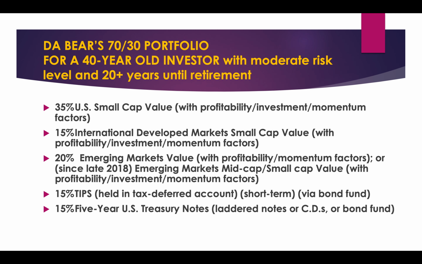I'm going to put 35% in small cap value, 15% in international developed markets small cap value, so Europe, Japan, Australia, New Zealand, 20% in emerging markets value, and actually since 2018 there's now a Dimensional mid-cap, small-cap value fund, but we don't have data on it going back a long way, so I'm just using the emerging markets value fund. 15% in TIPS, and 15% in 5-year U.S.